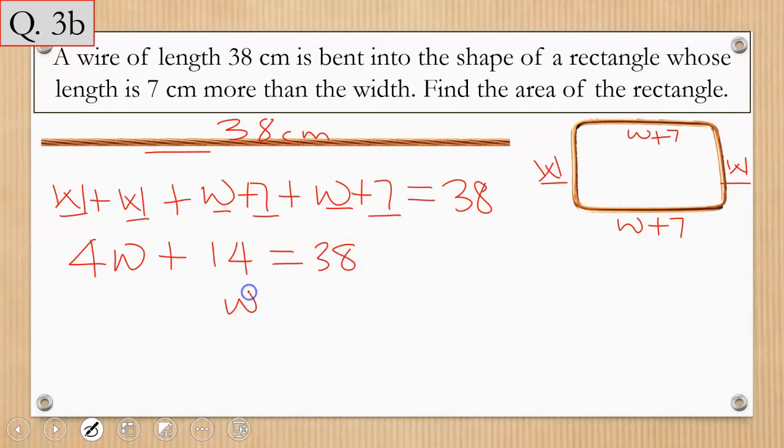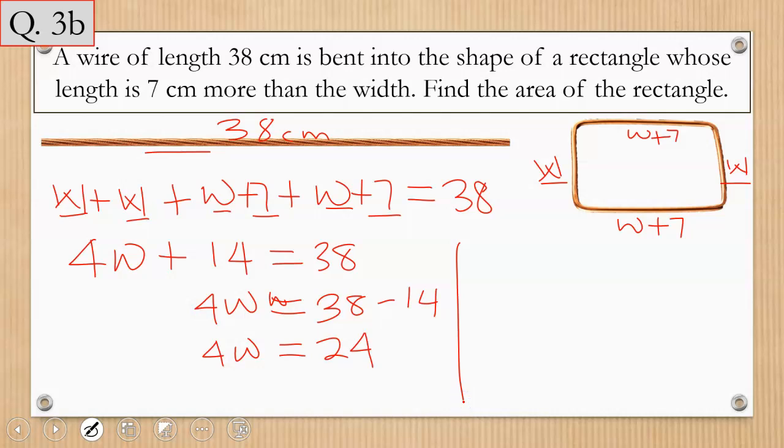Now I can make W the subject and say 38 minus 14, then 4W is equal to 24. Now if I divide both sides by 4, I can write my answer as W is equal to 24 divided by 4, and so W is equal to 6 centimeters.